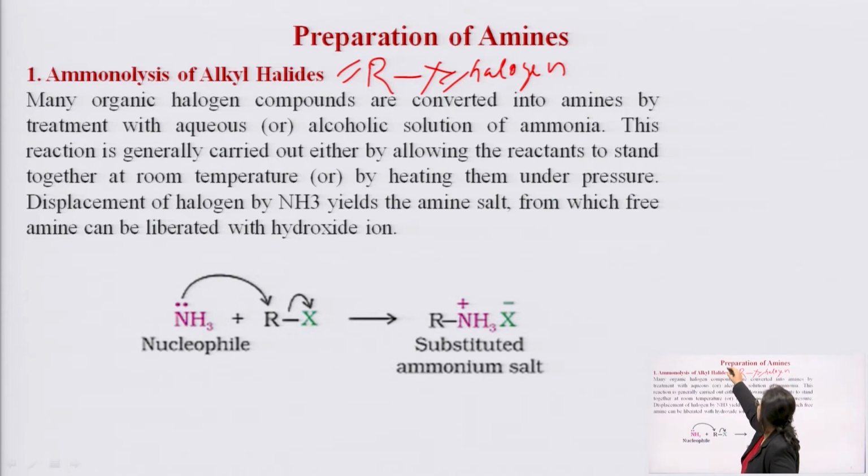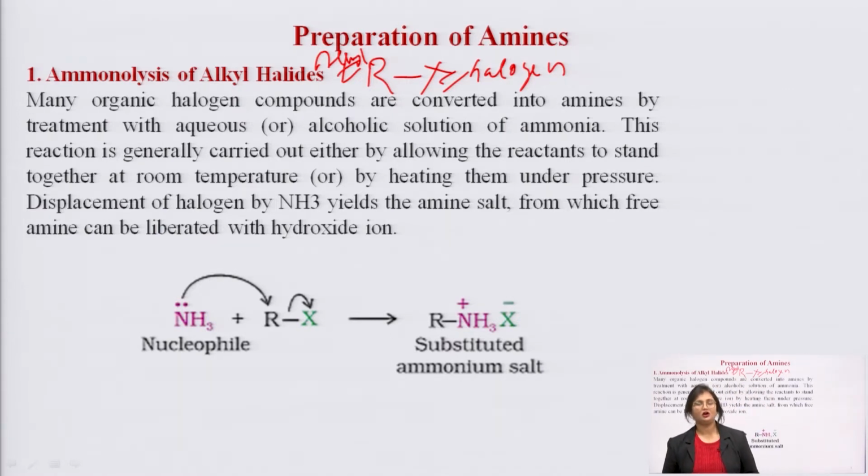Many organic halogen compounds are converted into amines by treatment with ammonia, either aqueous or alcoholic solutions of ammonia.